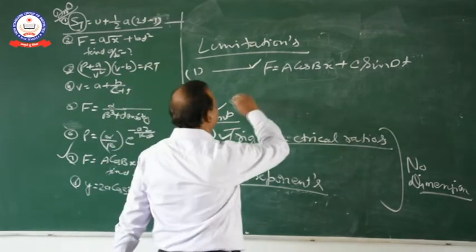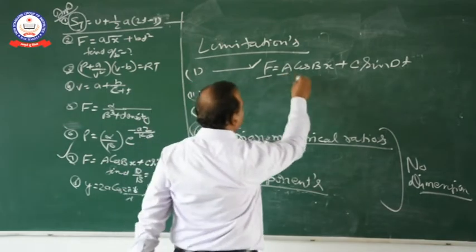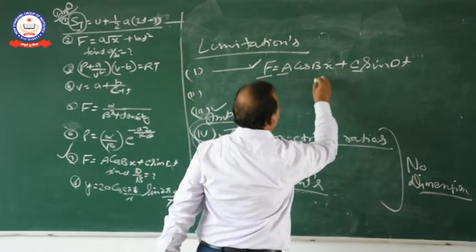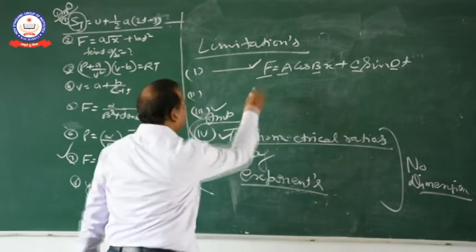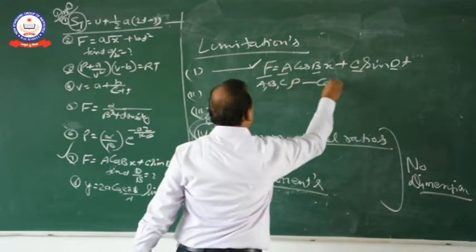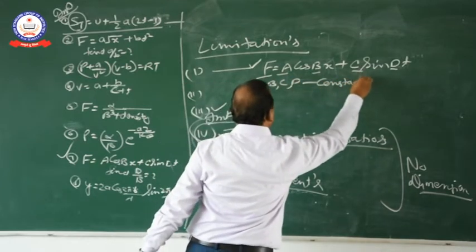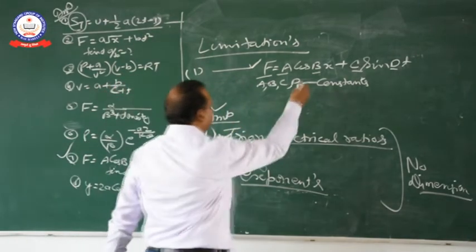Here f is force, a, b, c, d are constants. How do you use it?